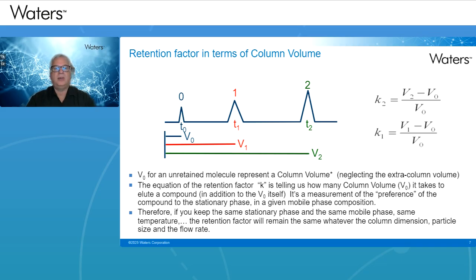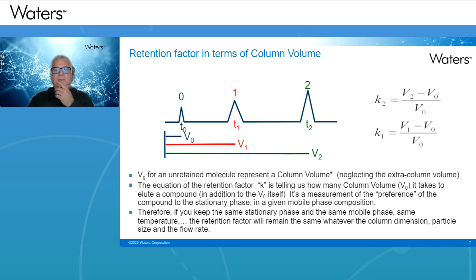Same thing for compound 1. So this is something that we will see from now to the end of the seminar. The column volume will be extremely important terms we will use. So if we are looking at the retention factor, we calculate it like that.